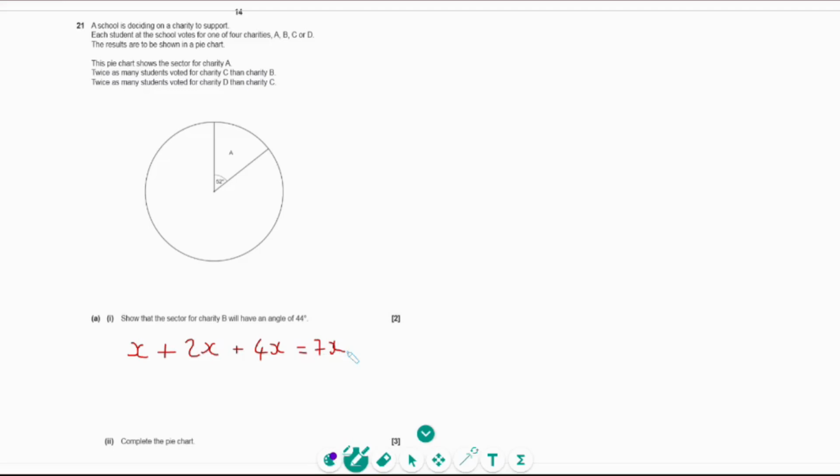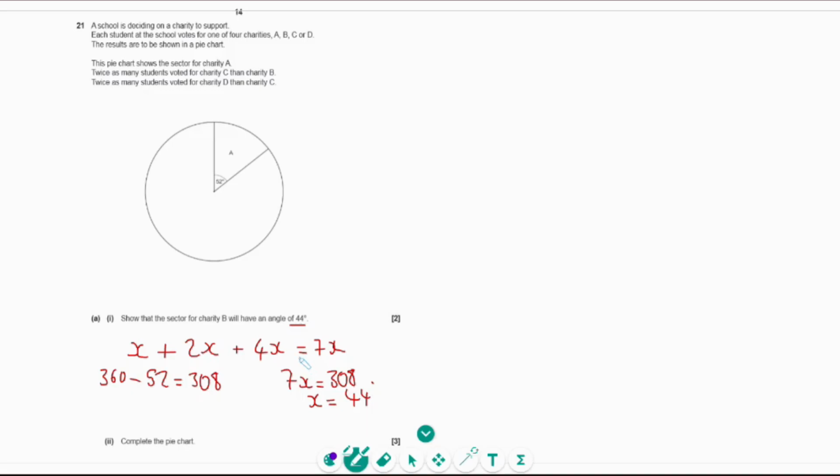So I know 7X is equal to the remaining degrees of this pie chart. 360 minus 52 is 308. So I know 7X is equal to 308. Divide both sides by 7. Gives me X is equal to 44 degrees. So I have shown that charity B is 44 degrees.